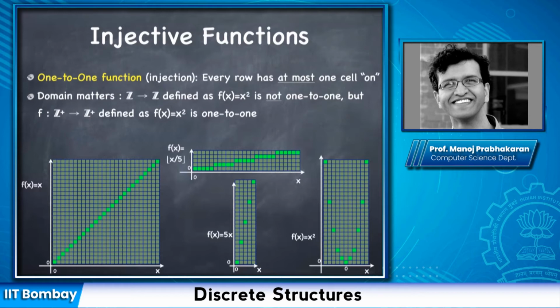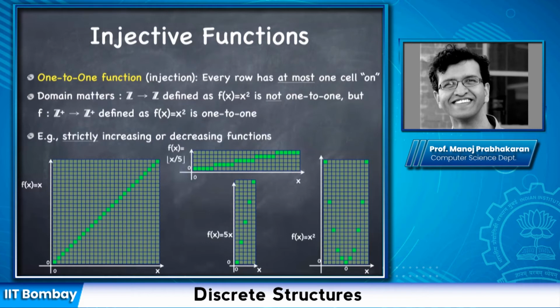So here, for example, I could take the function f(x) equal to x squared, and if I restrict myself to the domain of positive integers, so only things to the right of the 0, then it is a one-to-one function. On the other hand, if I allow positive and negative integers, then it's not a one-to-one function because (-x) squared is equal to x squared.